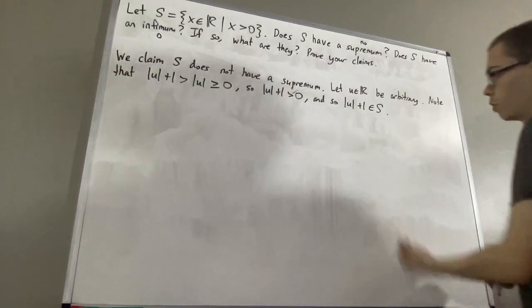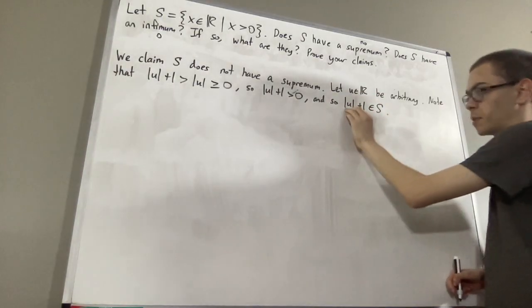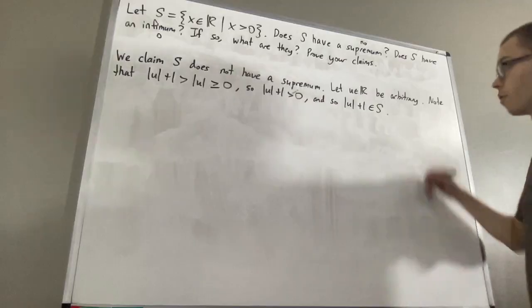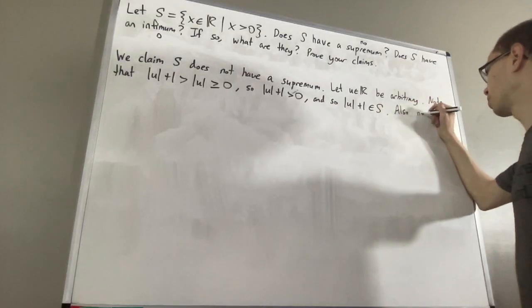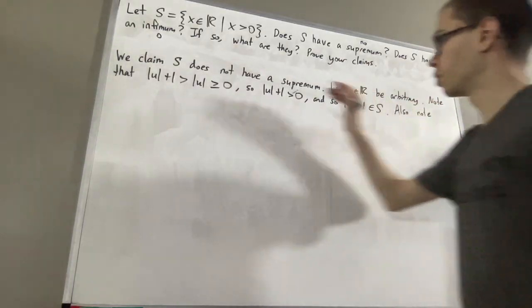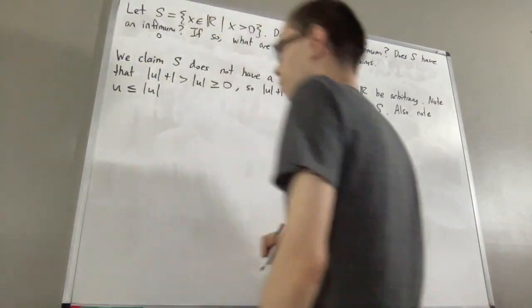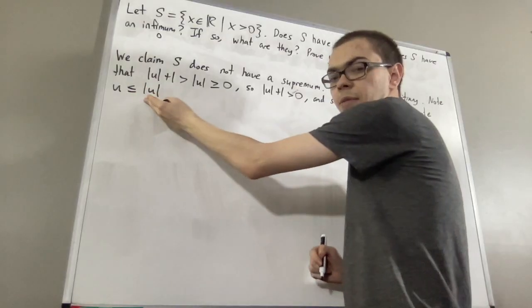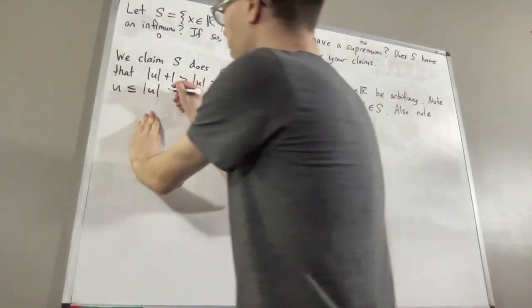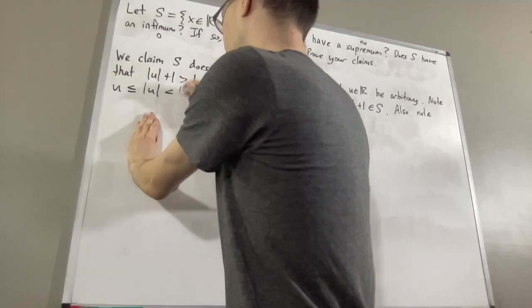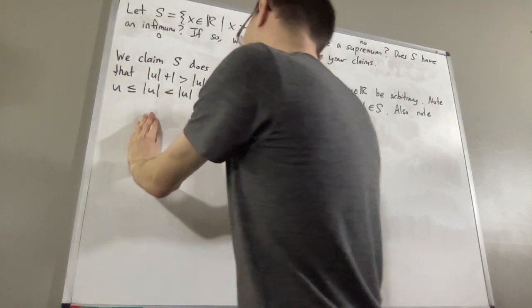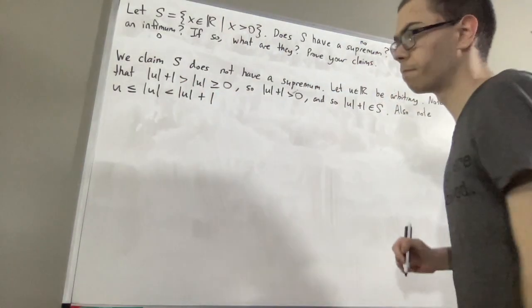But then once again, we can show U is strictly less than the absolute value of U plus 1. Also note that U is less than or equal to the absolute value of U, right? Every real number is less than or equal to its absolute value. But then the absolute value of U is strictly less than the absolute value of U plus 1, because we added 1.